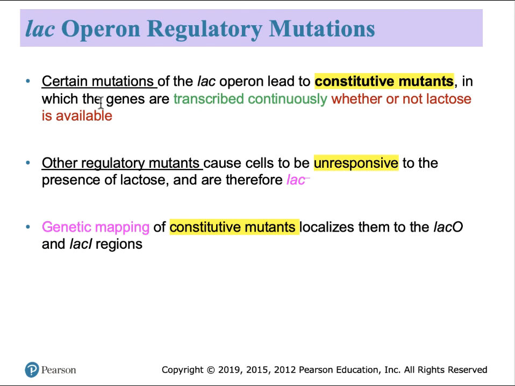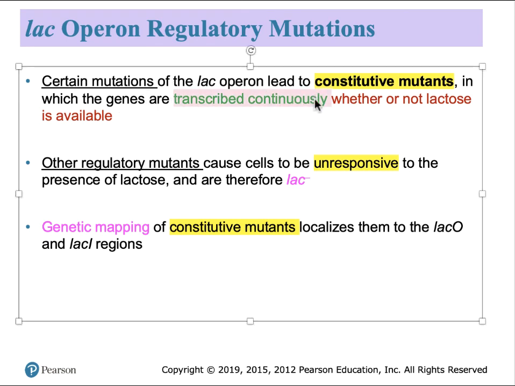Certain mutations that we'll look at in a few moments will permit the lac operon to remain permanently on. It can't be shut down, so it is non-responsive to the presence or absence of lactose. Those are called constitutive mutants because the DNA behaves in this constitutive fashion.